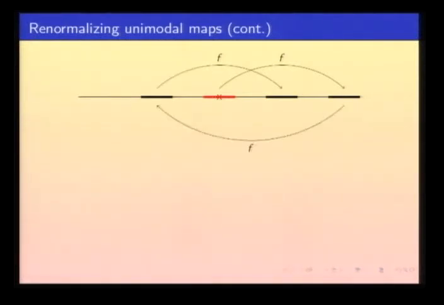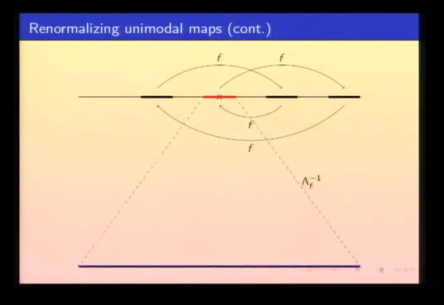And then the remaining ones map diffeomorphically. So these intervals are shuffled around. What is the meaning of renormalization? It means just take the first return map to this red interval, then you linearly blow it up to unit size again and consider the rescaled map.